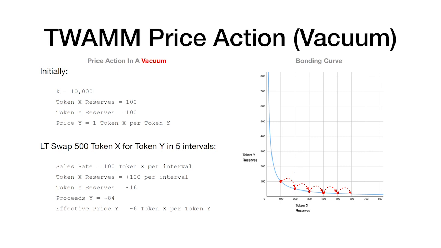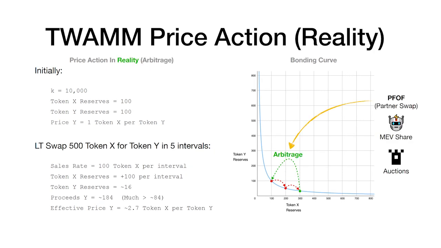Now, this vacuum scenario is not real. The reason it's not real is because this is distributed over time, you're going to have arbitrageurs, like the folks from the last presentation, come in and sell bids. In this hypothetical situation that I've shown here, we move 2 intervals worth of price, and one of these arbitrageurs somehow wins their auction and says, hey, this is great, I'm going to move the price back.